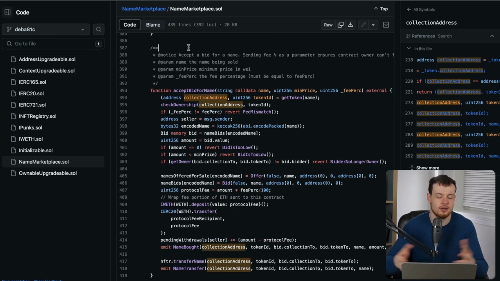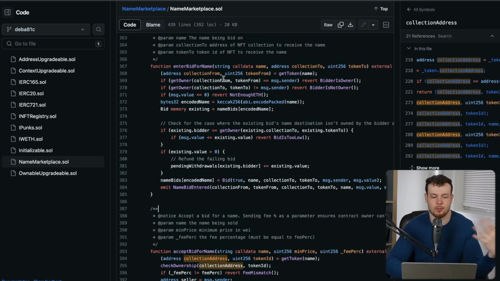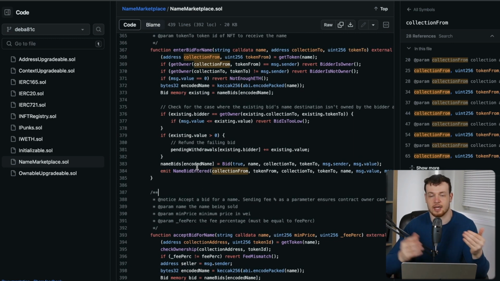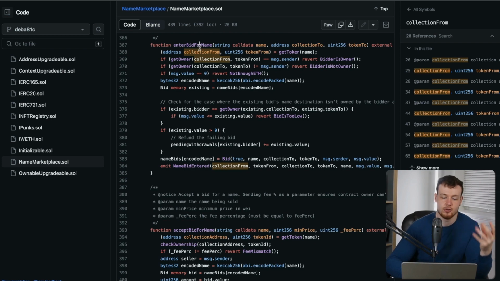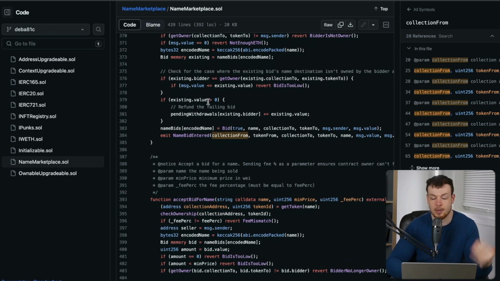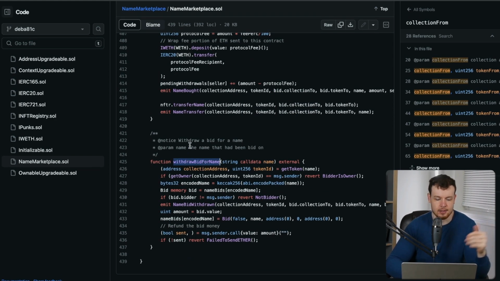And of course, somebody could even set up some sort of MEV type bot that would automatically front run, back run, sandwich attack, whatever, any sort of bids or listings, such that when somebody puts up a bid for, let's say, my name Bob, the bot can immediately back run that, and in one single transaction erase the bid, do an enter bid for name at literally even one wei higher, and then immediately withdraw the bid.